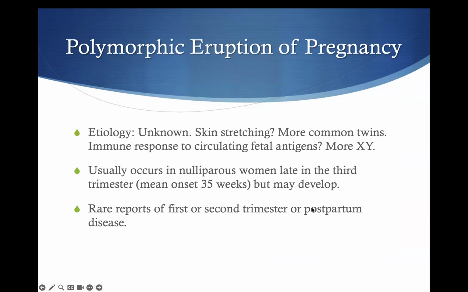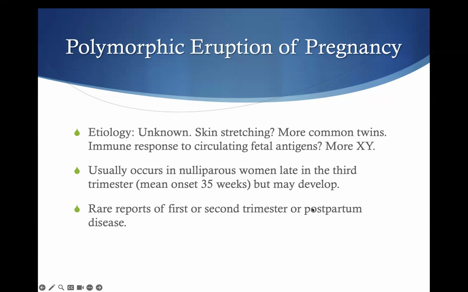The etiology is actually unknown. Some people think it might be related to skin stretching because it's seen in conditions that stretch the skin more, like twin pregnancies. Some people think it's an immune response to circulating fetal antigens. It's more common when the fetus is male.